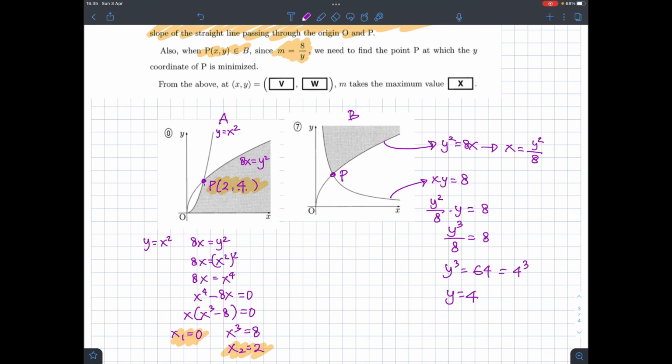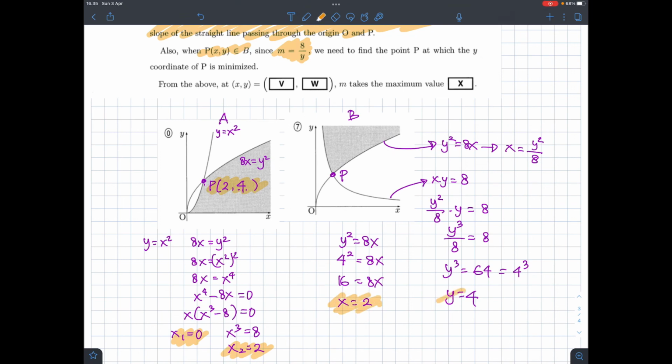So y equals 4. When y equals 4, you fill it in here, so y squared equals 8x, 4 squared equals 8x. This is 16, so we got x equals 2, 16 divided by 8.